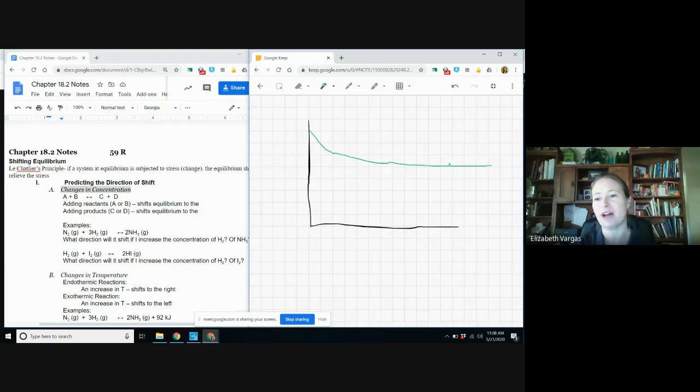And then when it stops changing over here, we're at equilibrium. And the products are going to start at 0. They're going to increase at the same rate that it's decreasing. And then they're going to level off and remain constant right here. Sort of constant.